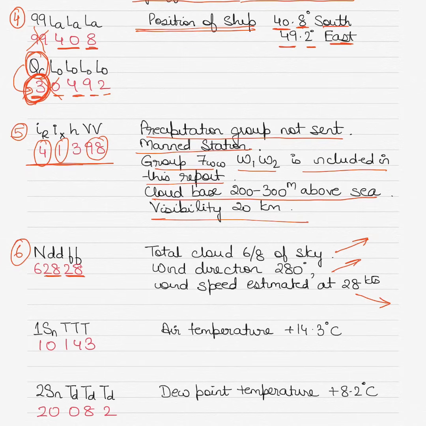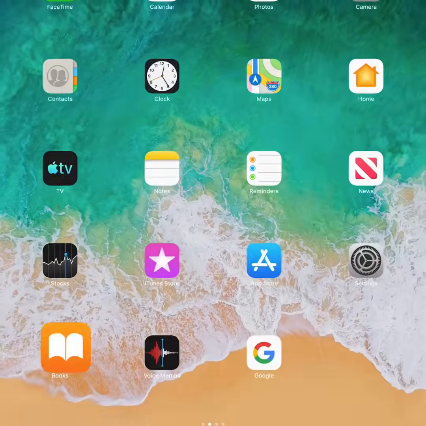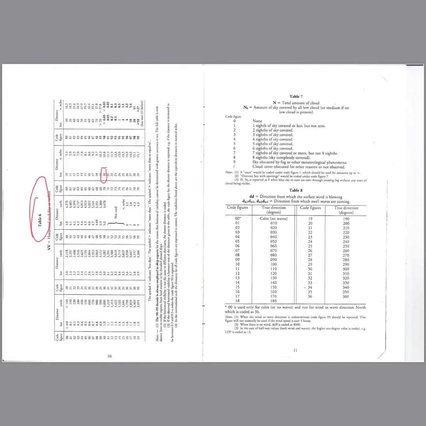You just get the first two numbers and you estimate it as 280, otherwise you will go and see what it means, and what this 6 means. So again go back into the weather code book, and you will see that table number 7 provides you with all the details here.